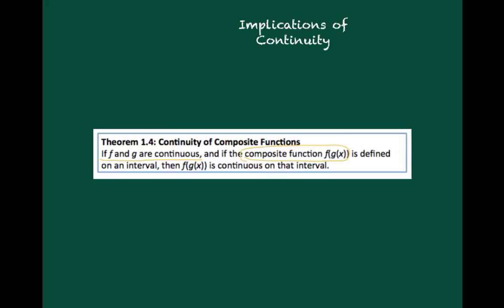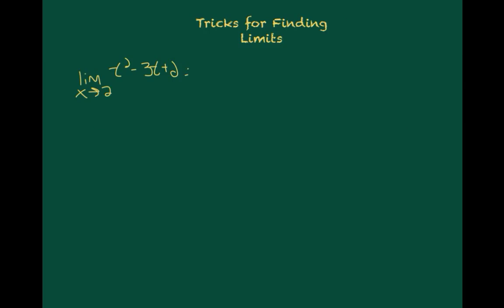Alright, one last slide showing you a couple tricks for finding limits when it looks like they don't exist. The first thing you should try when evaluating a limit is always substitution. Substitution is going to give you the answer about 95% of the time, because most things aren't tricky. So let's take this first limit, for example.